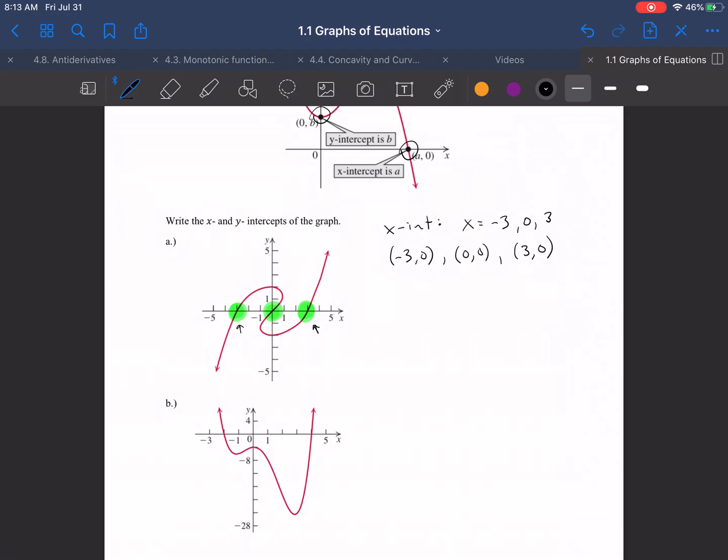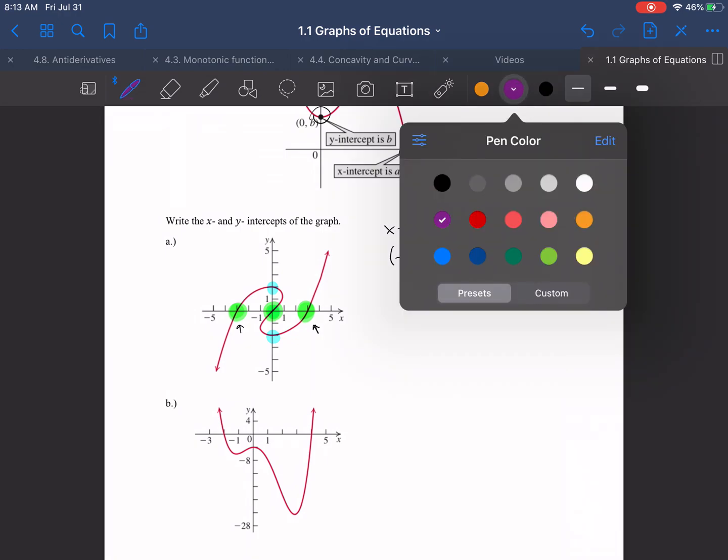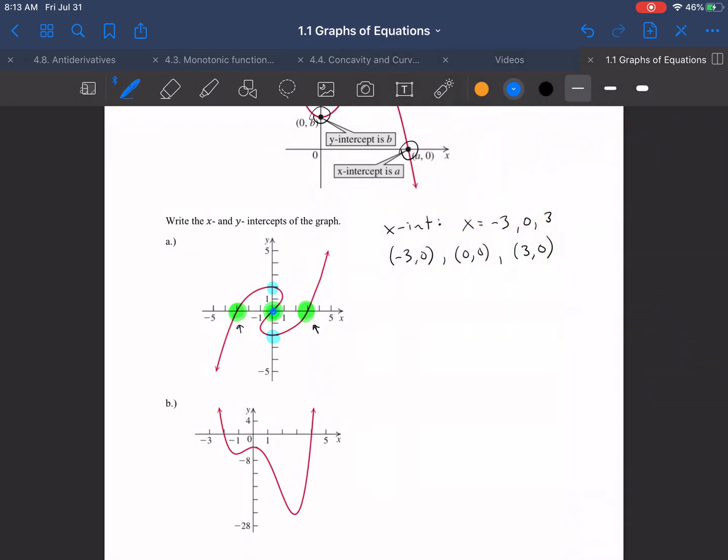All right, so now let's take a look at the y-intercepts. We're going to have one right there, one right there. Ooh, I can't draw over that green. Let's get that light blue here. One right there, there, and there, these 3 places. Those are our y-intercepts.